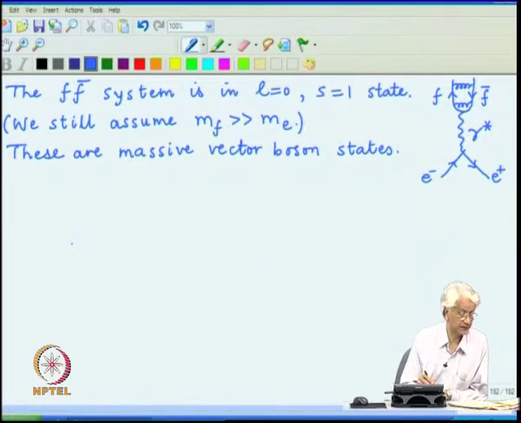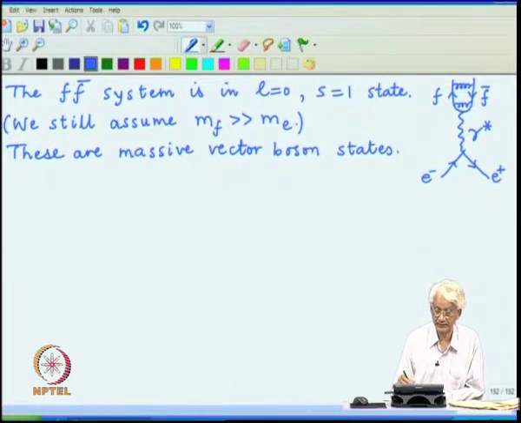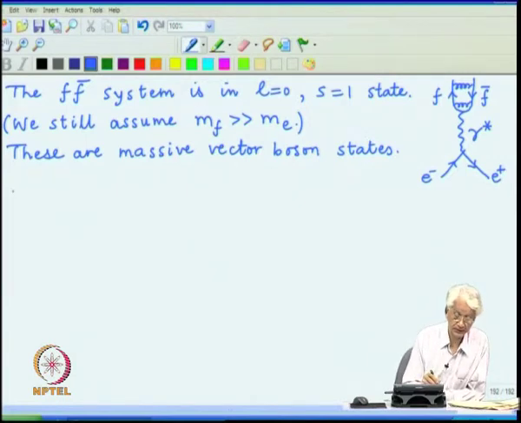So, let us now give the explicit formula of the wave function which we are going to deal with.